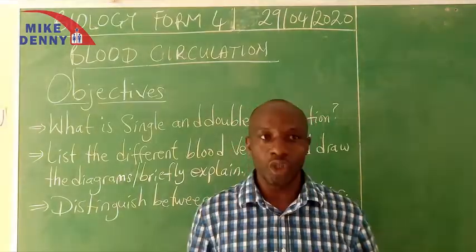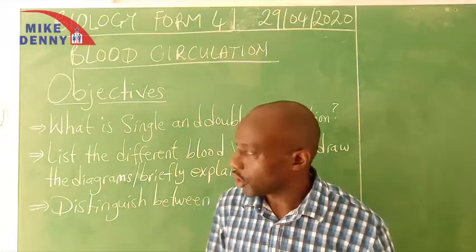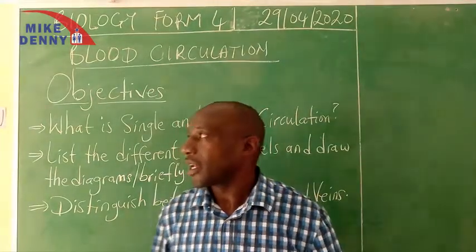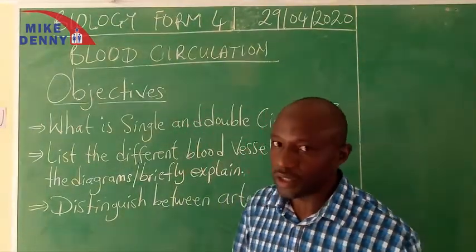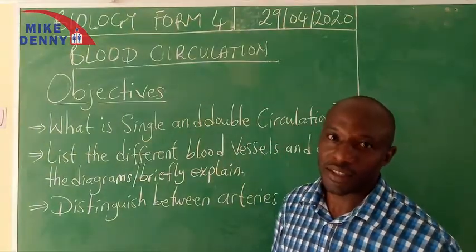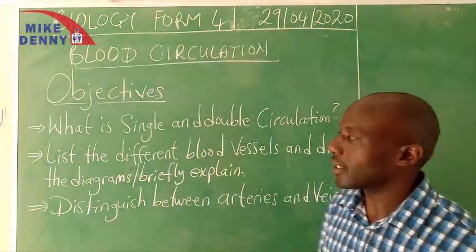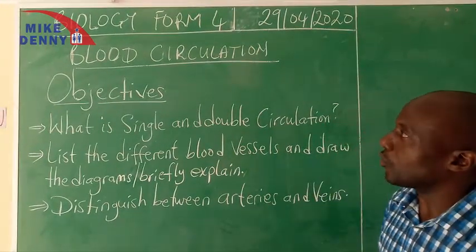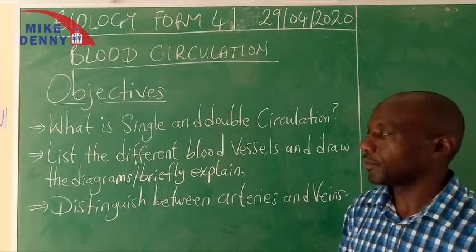Today we'll be having biology, and for the lesson of today, that is blood circulation, these are the objectives of the lesson. Our lesson of today will be on blood circulation.